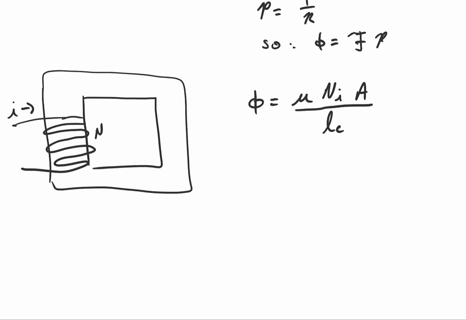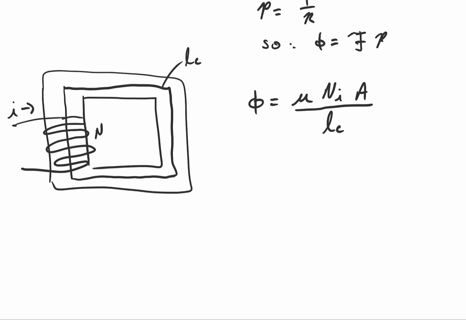These terms are telling you about the reluctance of the core, right? So longer path length, less flux, larger surface area, more flux. L sub C, the mean path length, is the path length if we were to go around the middle of the magnetic core. So this length is my L sub C.